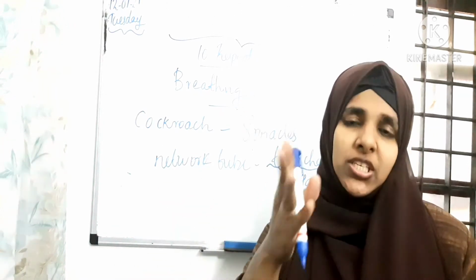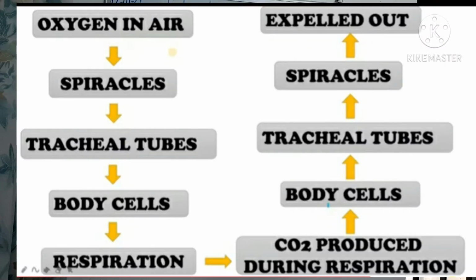We can check more detail. Students, oxygen-rich air rushes through the spiracles into the tracheal tube, and it diffuses into the body tissue and reaches every cell. That's why they can get oxygen.